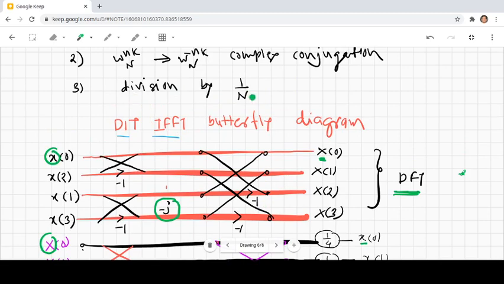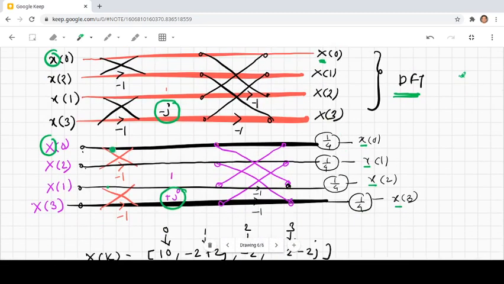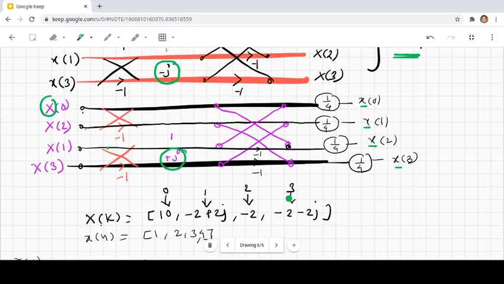You have to multiply the answer by 1 by N. So after whatever you find after these butterfly stages, you have to multiply the answer by 1 by N, in this case 1 by 4. So this diagram can be used to obtain the inverse of any DFT.